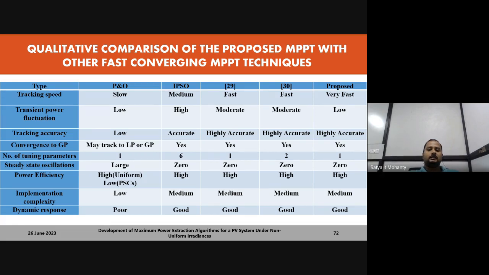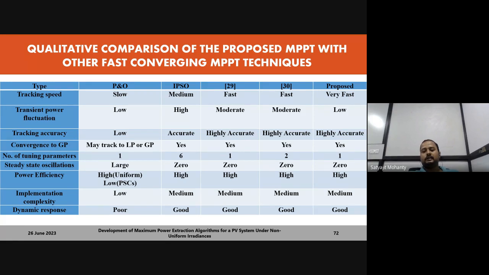Among these, the proposed one is ruling over the conventional ones, P&O, IPSO, and the other two references 20 and 30. One is, I think, flashing firefly, another is the normal PSO.